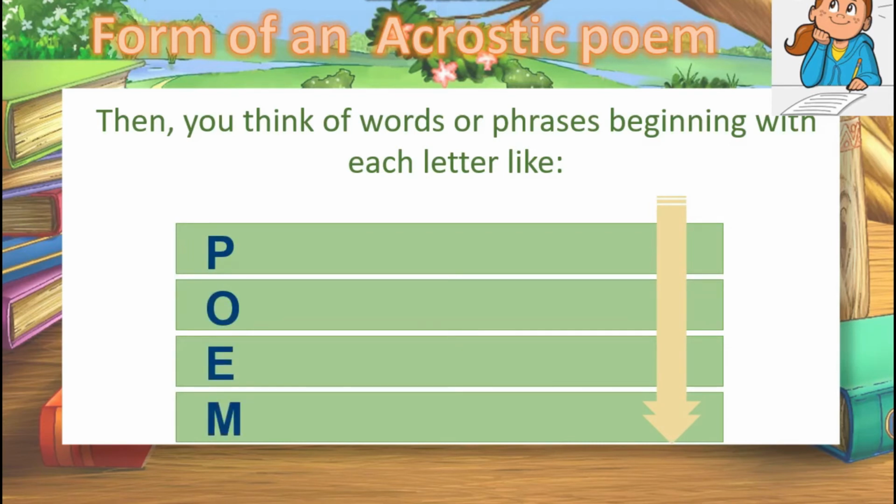If we have the word poem in front of us and we want to do the acrostic poem, we need to start with things that begin with the letter on the line. So, for example, I have the letter P, so I have to start with P.